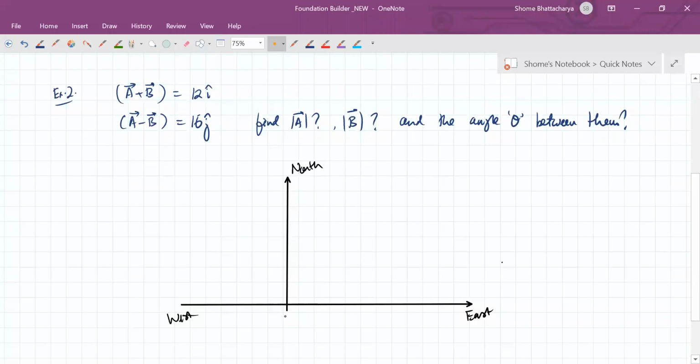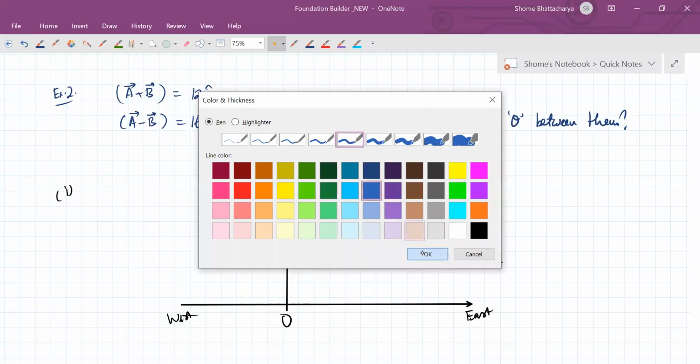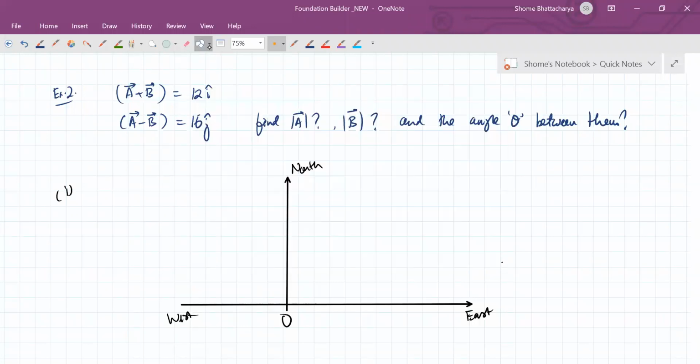Then the first of the two vectors is given to us as displacement of 40 meters towards east. So if we take this as our x-axis and this as our y-axis, we can write the displacement A as 40 i cap in meters.